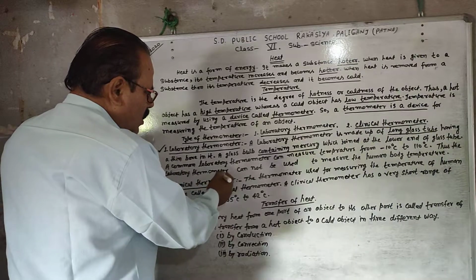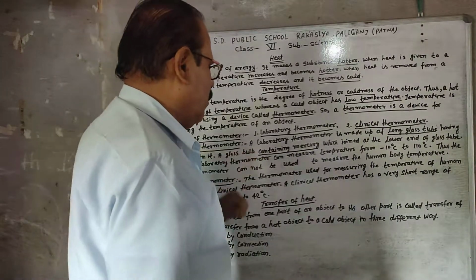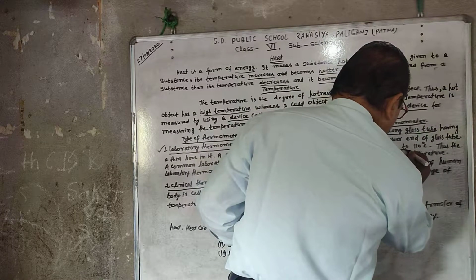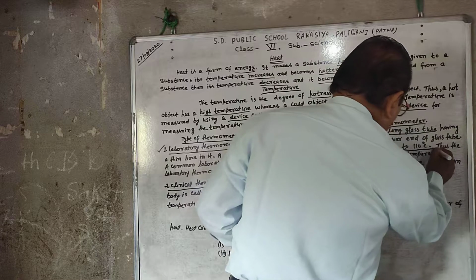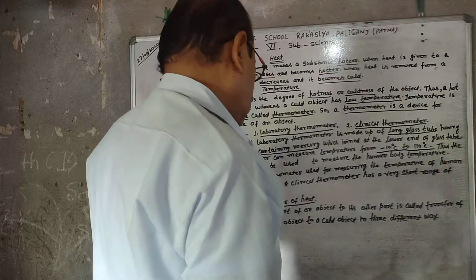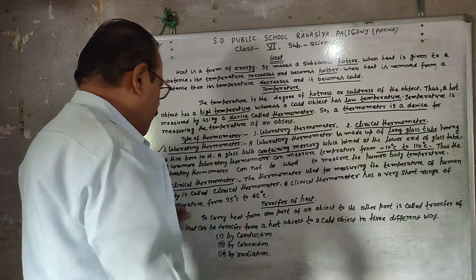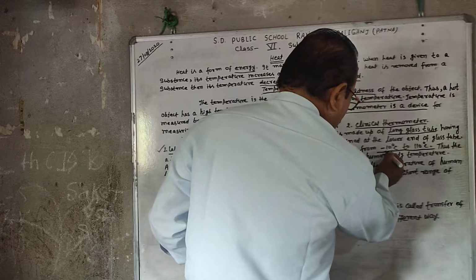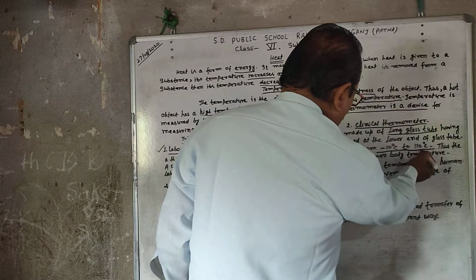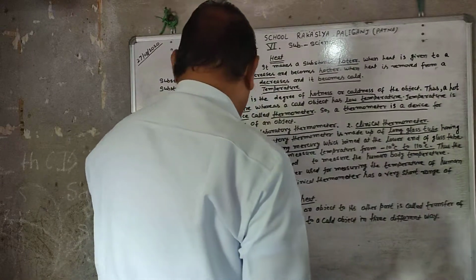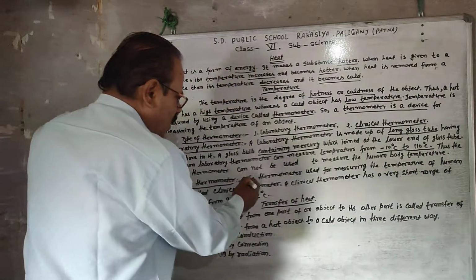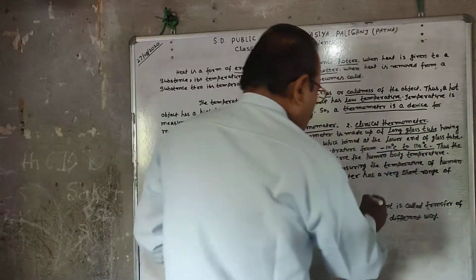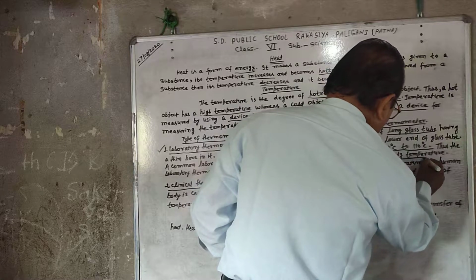A common laboratory thermometer can measure the temperature from -10 degrees C to 110 degrees C. So, the range of a laboratory thermometer is -10 degrees C to 110 degrees C. Thus, the laboratory thermometer cannot be used to measure the human body temperature.